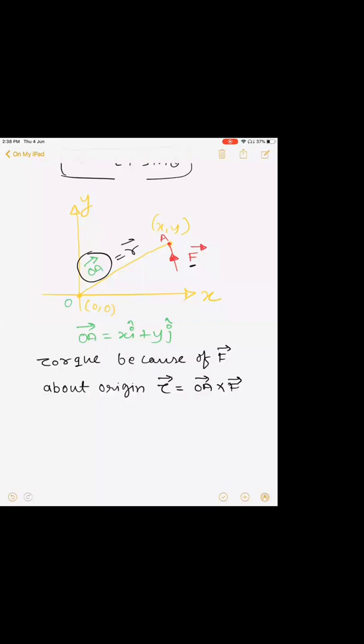Understood? So we can write, hopefully everyone remembers how to expand the cross product, mod of OA, mod of F, sine theta. Like this. Now let's take a few easy numericals based on torque. Torque is also known as moment of force.